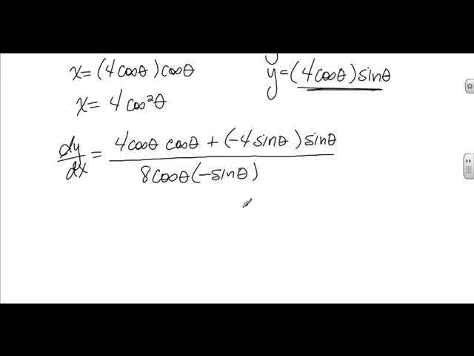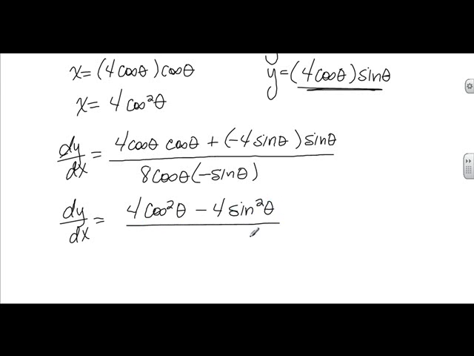So cleaning up what I've got, dy over dx is going to be 4 cosine squared theta minus 4 sine squared theta, and in the denominator I have negative 8 cosine theta sine theta.